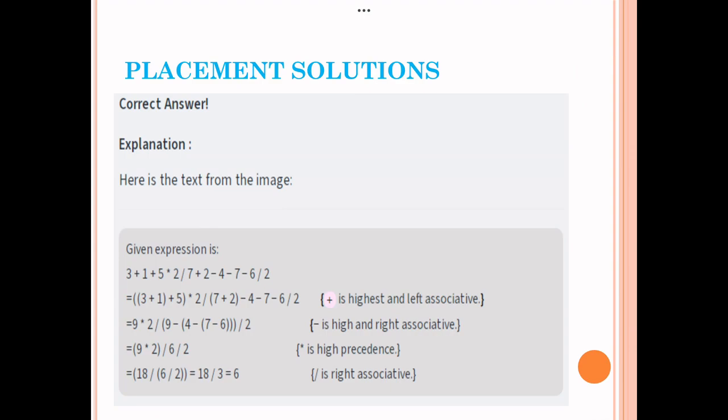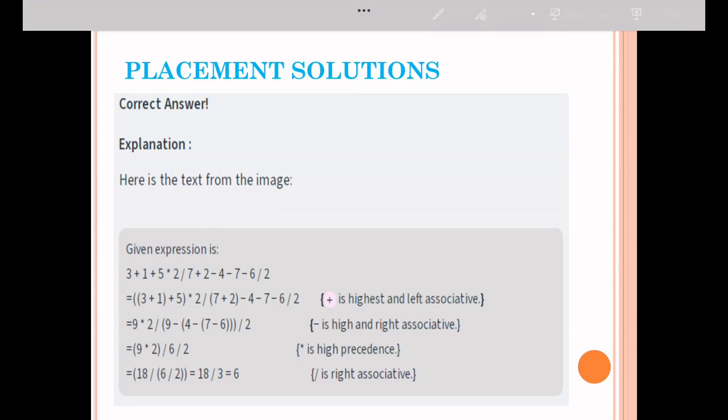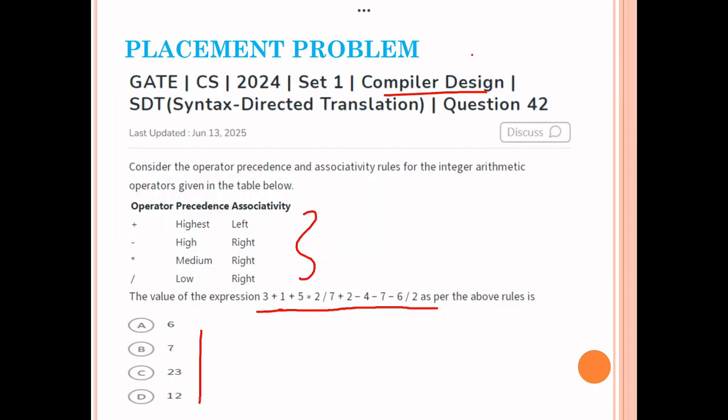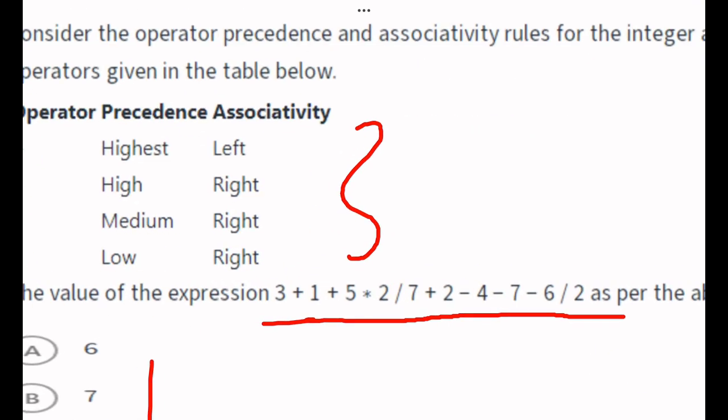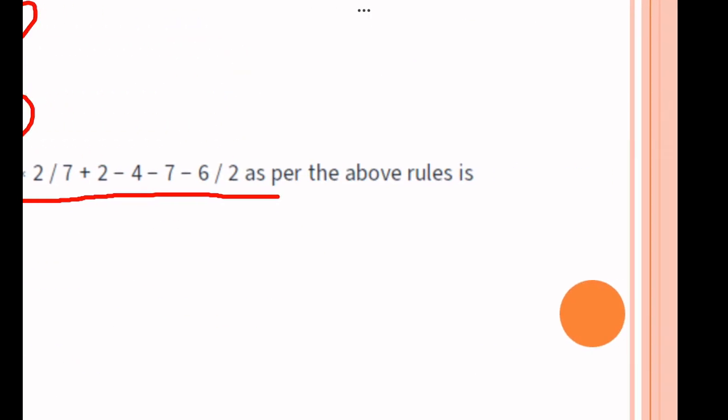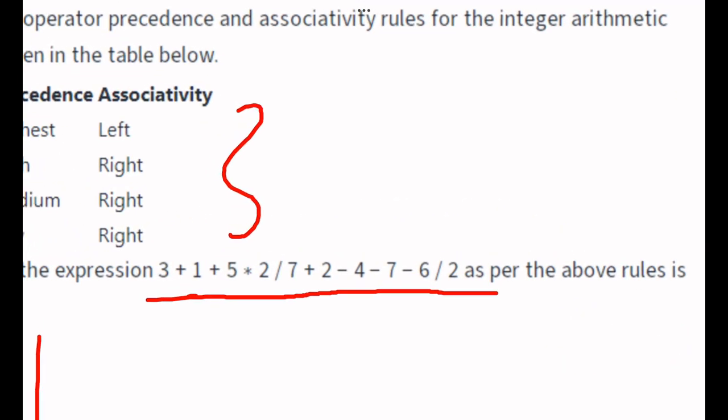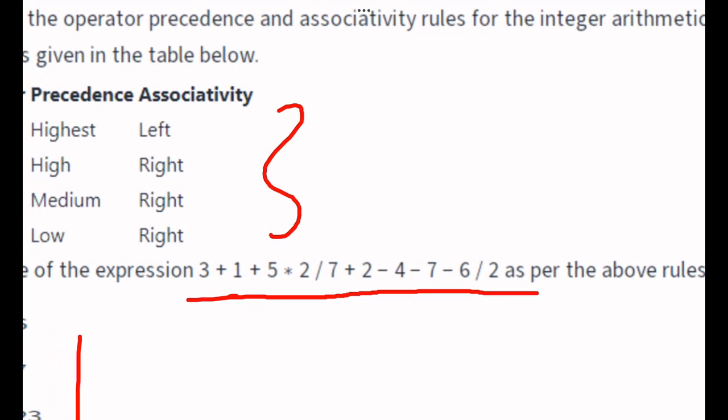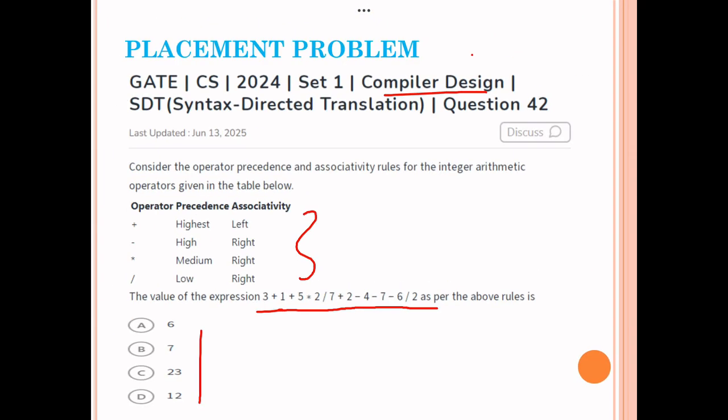Now I will go to the answer part. Again I am writing the question, and you should write the question also. The question is 3 plus 1 plus 5 into 2 divided by 7 plus 2 minus 4 minus 7 minus 6 upon 2. Now what is the answer?